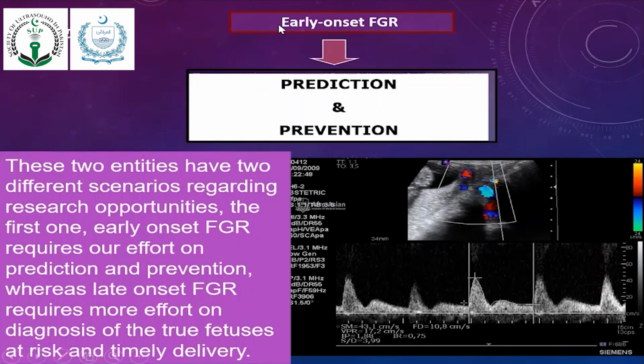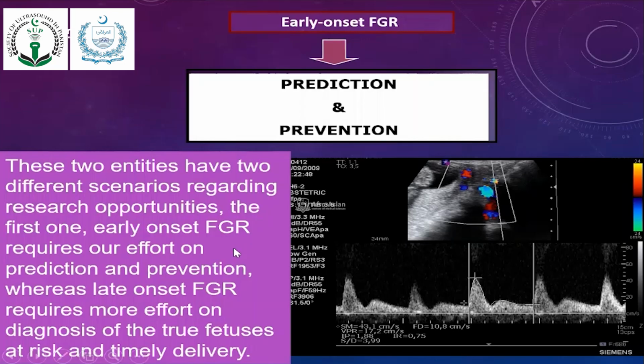Then there is early onset fetal growth restriction. We need to have prediction and prevention. Look at the flow. These two entities have two different scenarios regarding research opportunities.